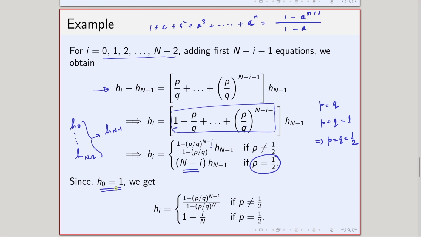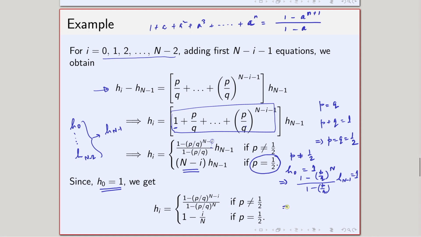Now if I take h0 equals 1, then for p not equal to half, taking the first case, h0 equals 1 implies that 1 minus p by q whole to the power n, instead of i I put 0 here, divided by 1 minus p by q, times h n minus 1, equals 1.